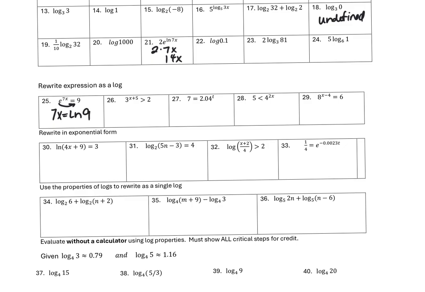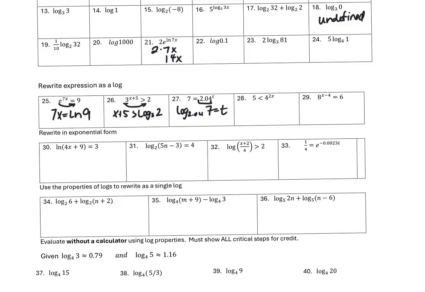Number 26, 3 to the x plus 5 greater than 2. So log base 3, the base of my power. So the log is going to go over to the 2. So x plus 5 is greater than log base 3 of 2. And then the base of this log, 2.04. So log base 2.04 of 7 equals the t.